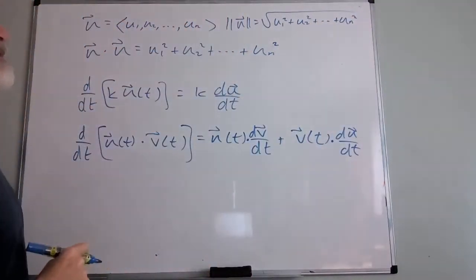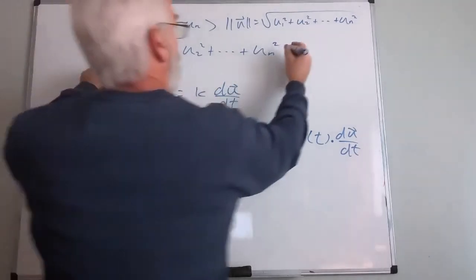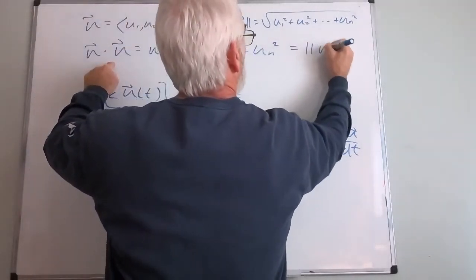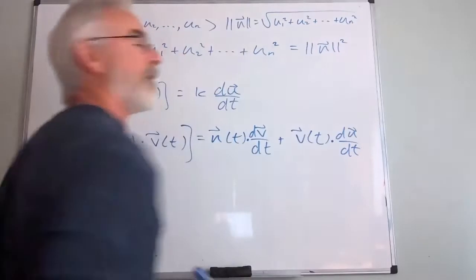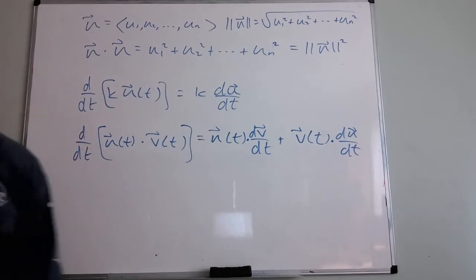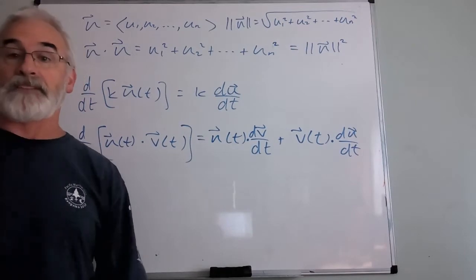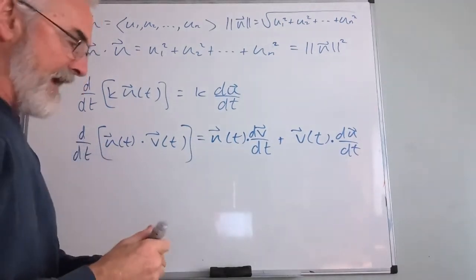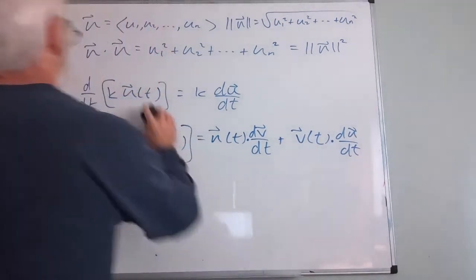Well, that's the definition of the length. Therefore, u dot u is equal to the square of the length. And that's a really nice feature. Again, a vector dotted with itself is equal to the square of its magnitude. That's kind of an important concept there, and it can be extremely useful.